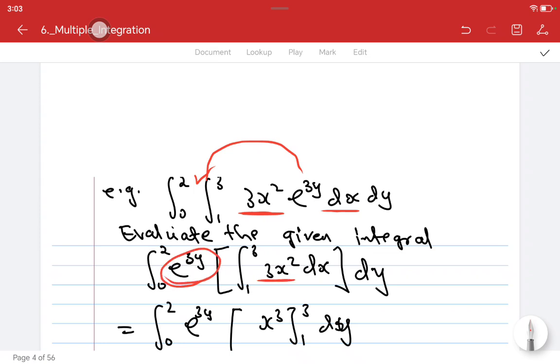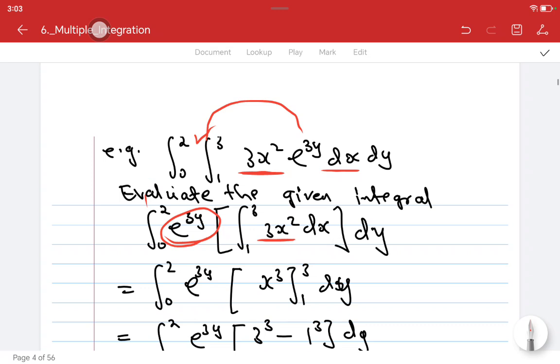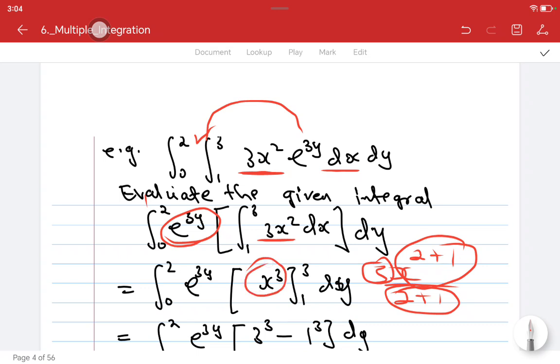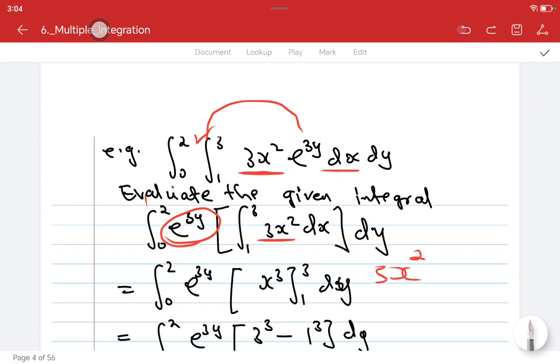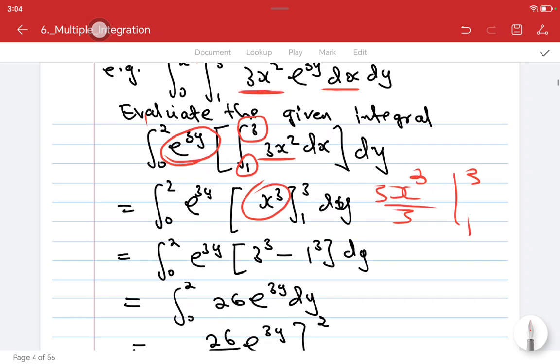Then we integrate this: this will be 3x to the 2 plus 1 over 2 plus 1, which this 3 will cancel the 3, right? We'll be left with x to the 3 over 3. We don't even have to show this step. The intervals are from 1 to 3, so from here you just have to substitute your 3 minus 1.